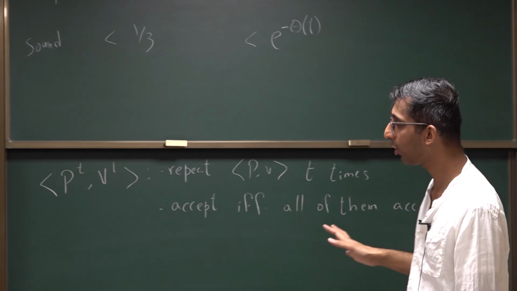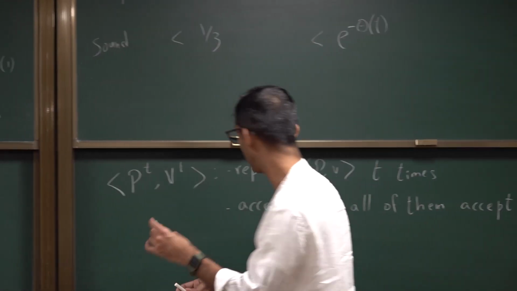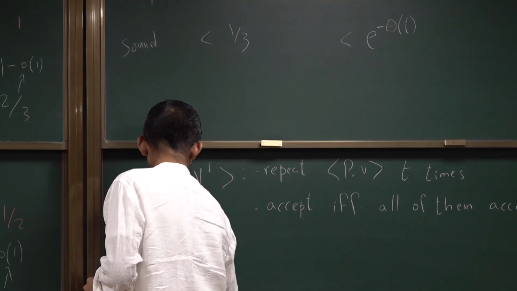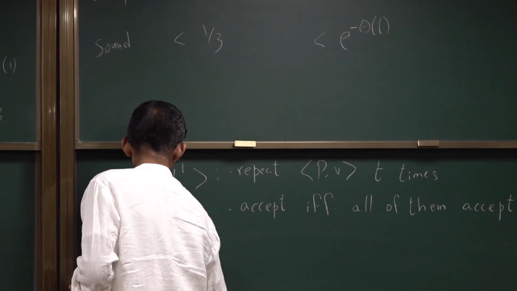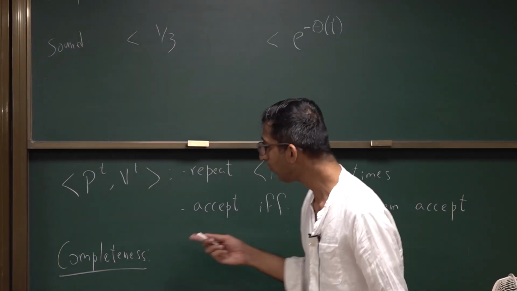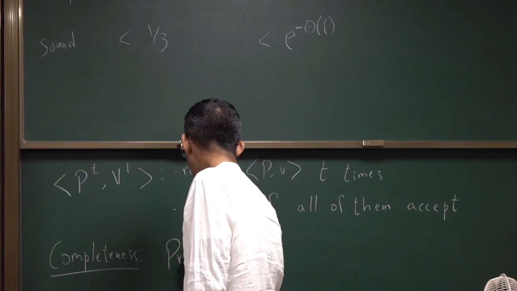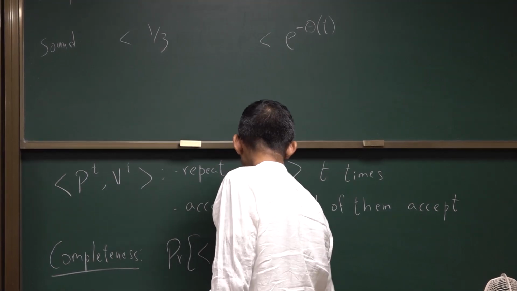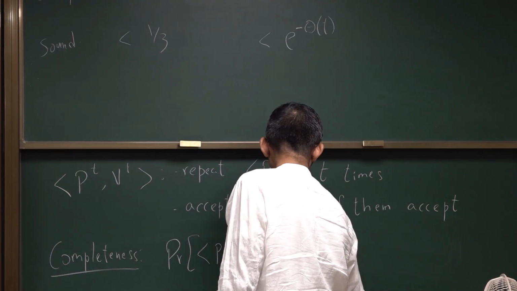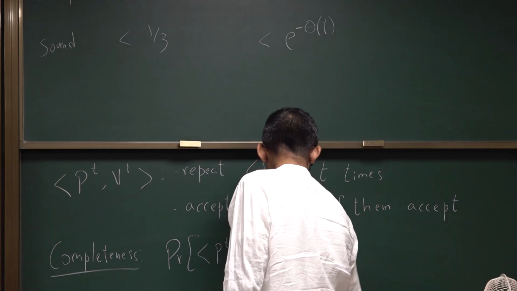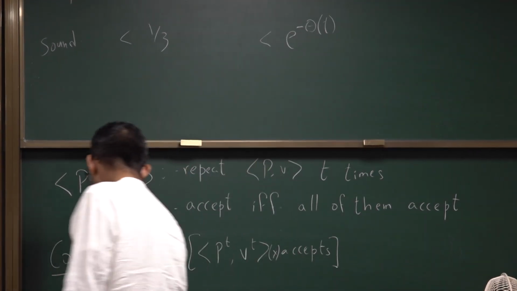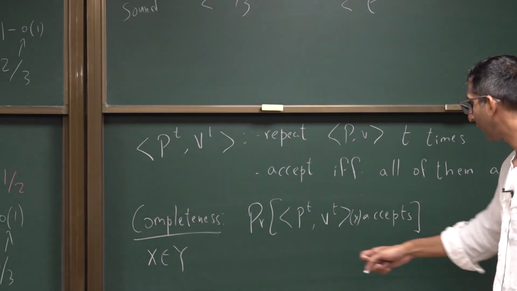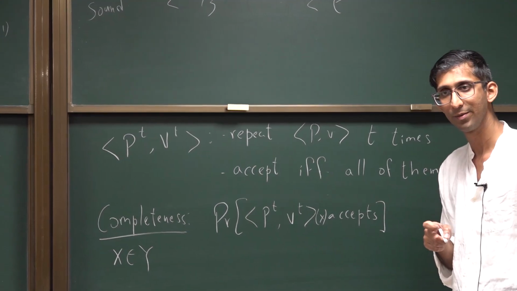Right? First, I want to prove the completeness condition for this. So for completeness, I want to talk about the probability that, if we take some yes instance of the language, it accepts.